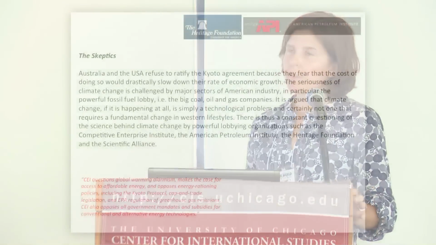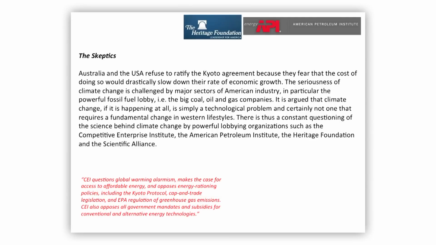To add to the confusion, there are a number of groups like the Heritage Foundation and the American Petroleum Institute, as well as other lobbying groups, that question the science behind climate change. They essentially fear that ratifying any of these agreements would have an economic cost that's too great, and in this country, this is winning at the moment.